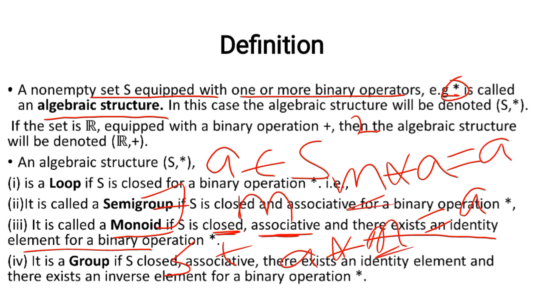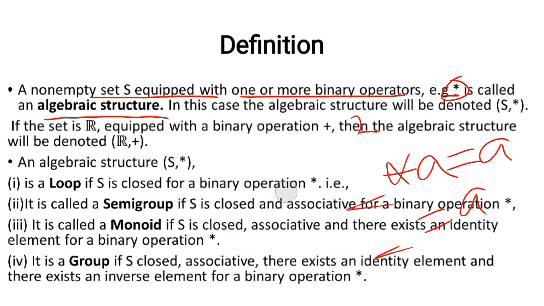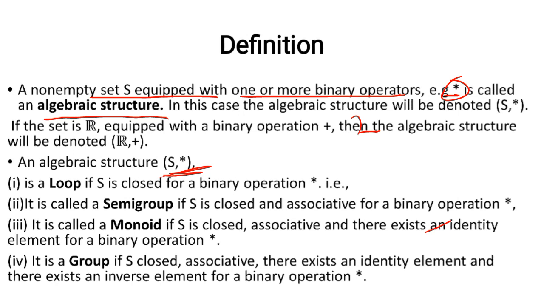It's like looking into a mirror. If these three properties hold, closure, associativity, and the existence of an identity, we say the algebraic structure S under asterisk is a monoid.